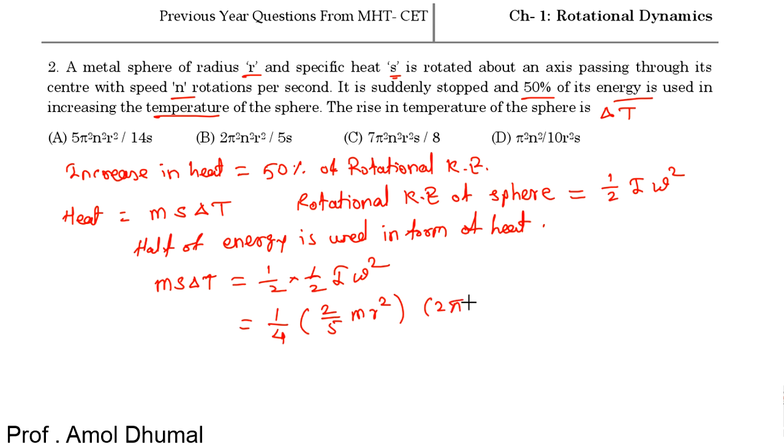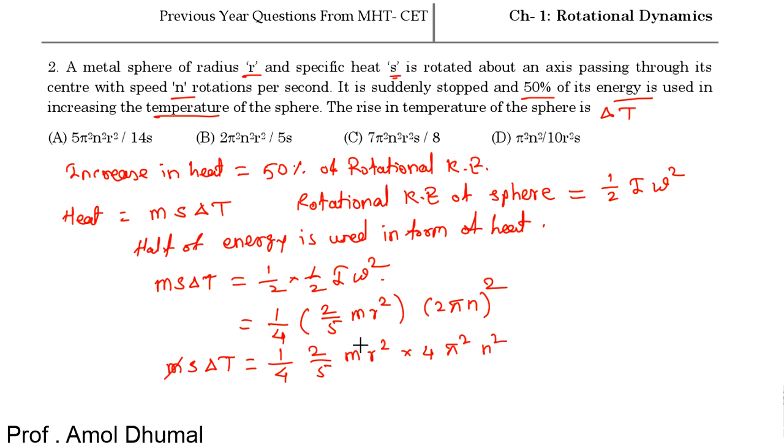Omega is given as 2 pi n, where n is the rotational speed, rotations per second. So m s delta T is equal to 1 by 4 into 2 by 5 m r square into 4 pi square n square.